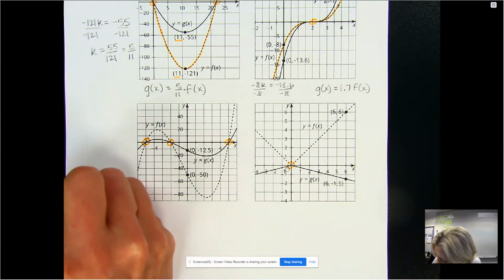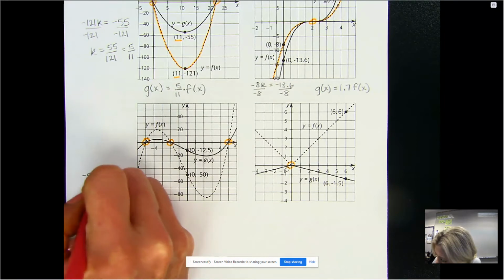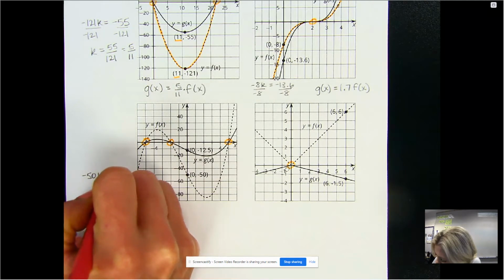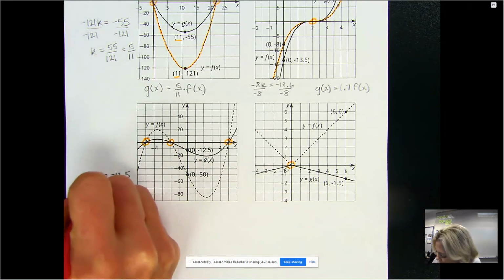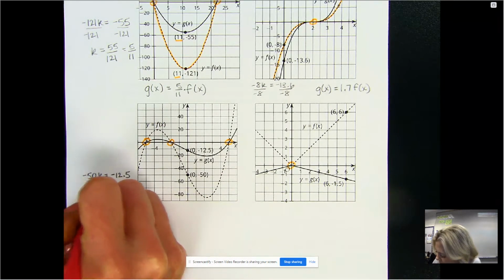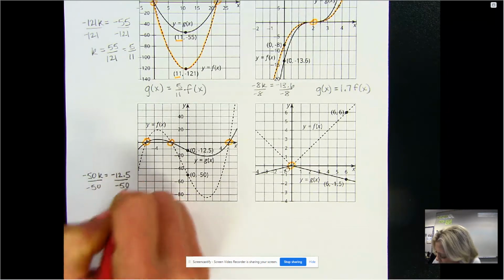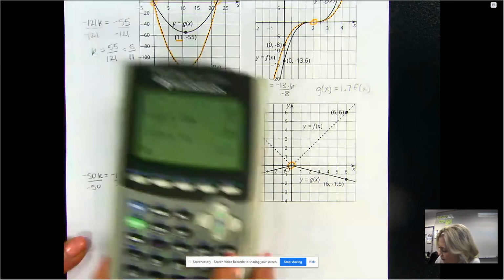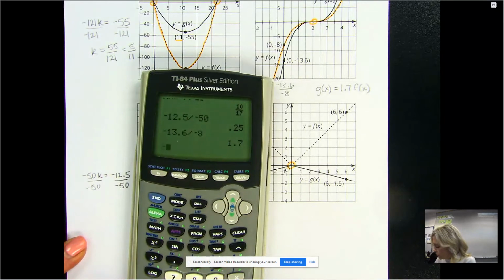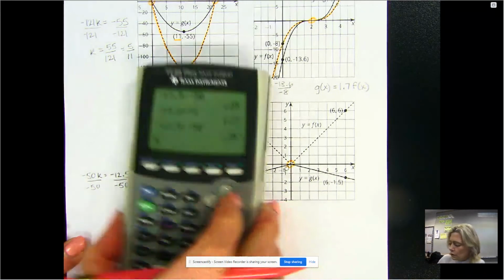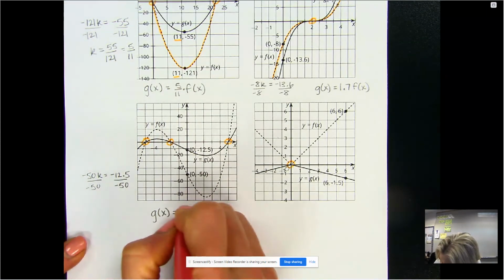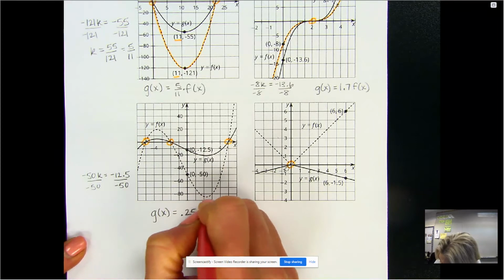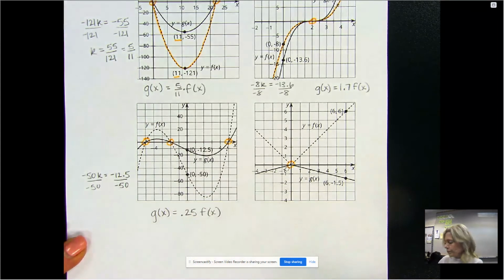So that tells me negative 50 times some value k is equal to negative 12.5. And so we're going to divide by negative 50. Negative 12.5 divided by negative 50 is 0.25. So g of x is equal to 0.25 f of x.